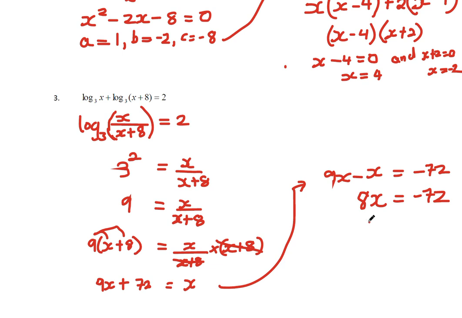So since 8 is multiplied by x and we want to get x on its own, by inverse operation we will divide by 8 on the left-hand side of the equation, and what you do to one side of an equation you also have to do to the other side. So 8 divided by 8 will just leave me with x, and of course we have negative 72 divided by 8, which is just going to give us negative 9, and that is our answer, negative 9.